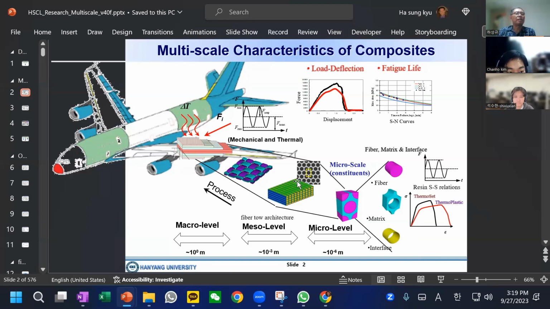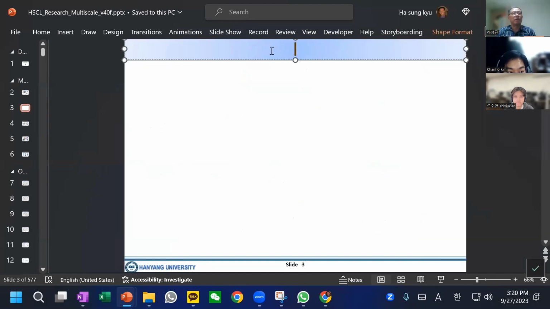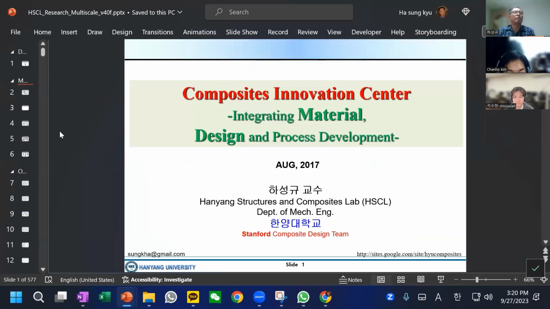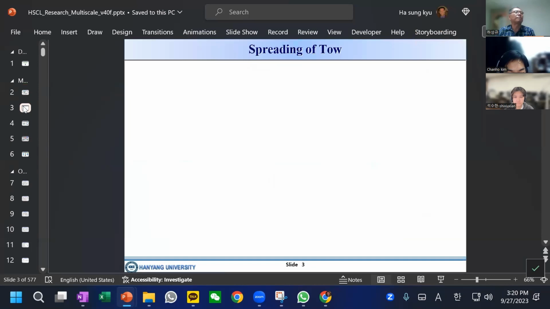Here I would like to briefly mention one concept, the spreading of a tow. What does it mean?